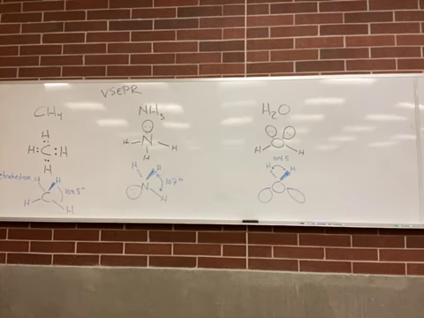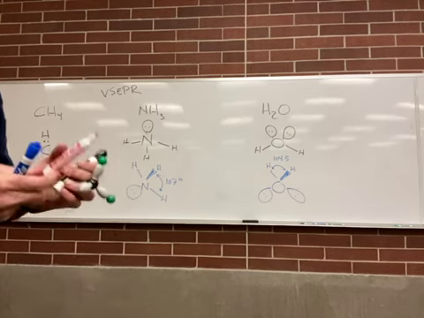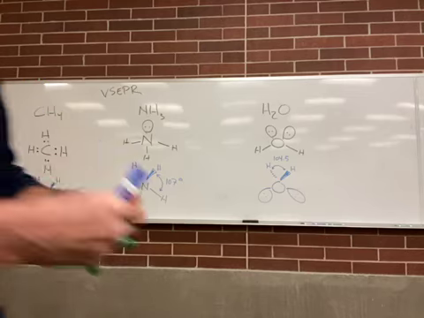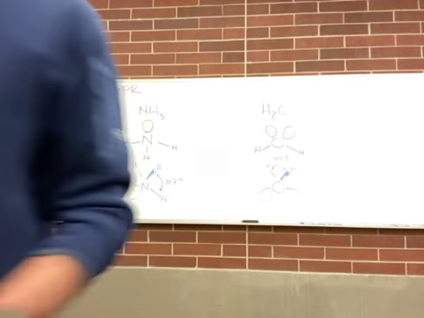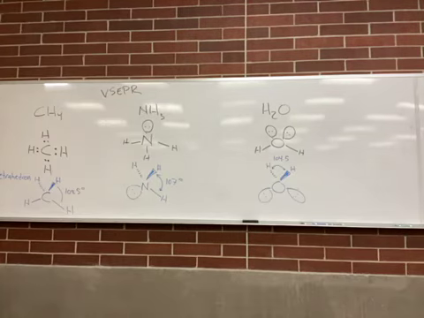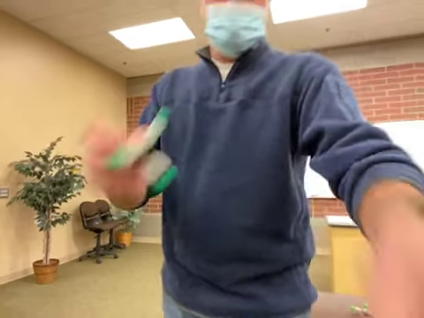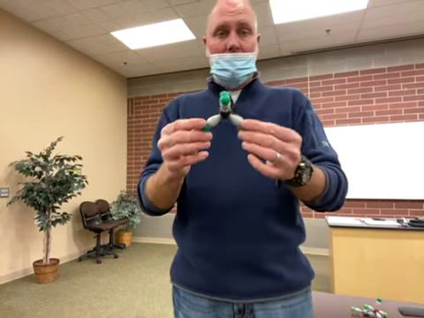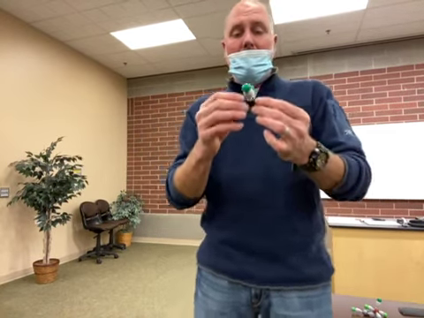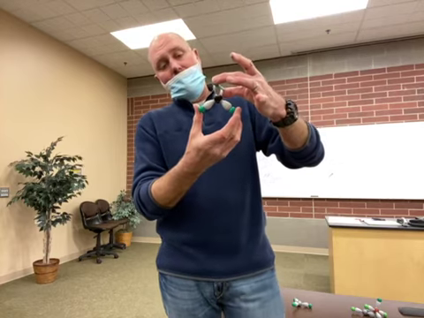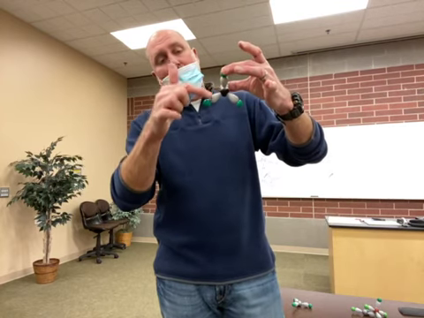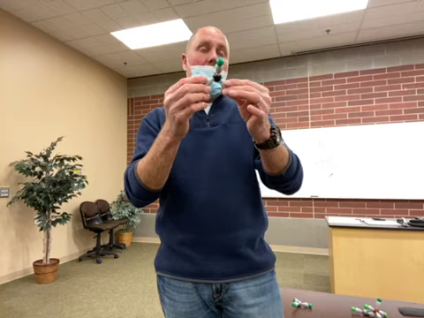The perfect tetrahedron is 109.5, that's perfect. So when I have methane, okay, it is a tetrahedron that has 109.5, perfect 109.5 on all angles, okay?